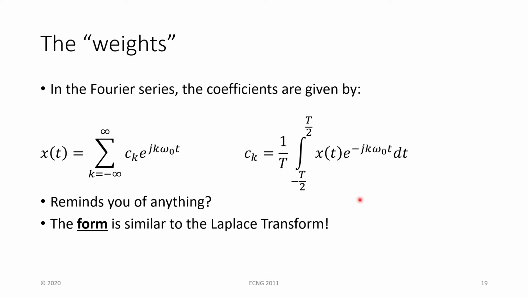And this c_k equation is very similar to the Laplace transform integral equation. It's important to remember this c_k equation because most of the questions that ask for the amplitudes of harmonics will rely on it in particular.